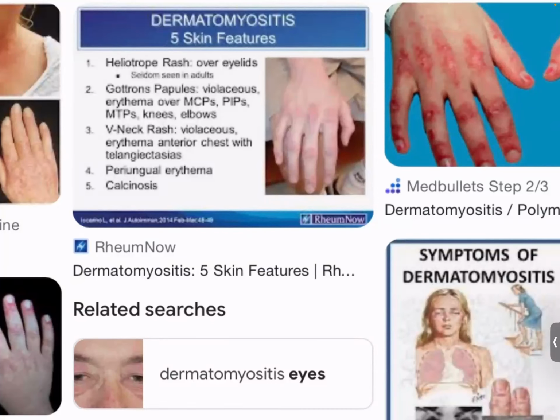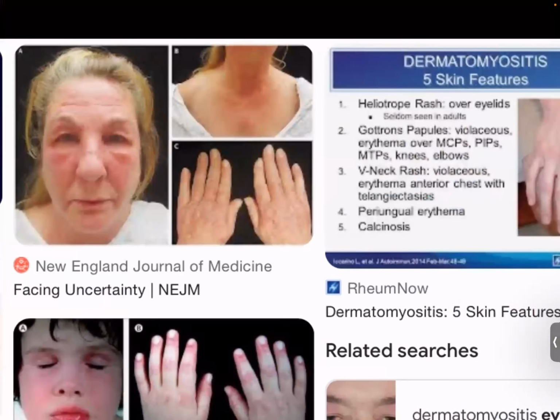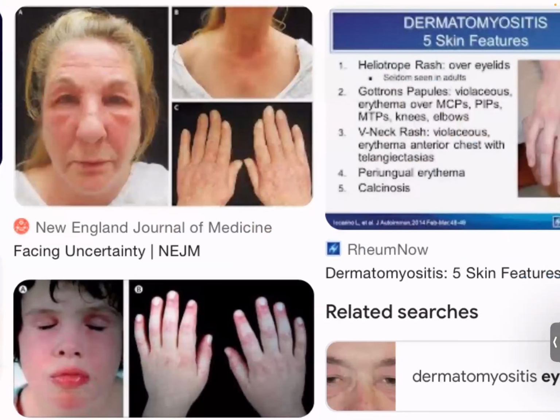The neck rash here, it's the V-neck rash. You will find the V shape because it's a skin rash on sun exposure. Put it in mind and keep it as a golden note. Whenever you are asking in history taking about skin rash, ask about skin rash on sun exposure.